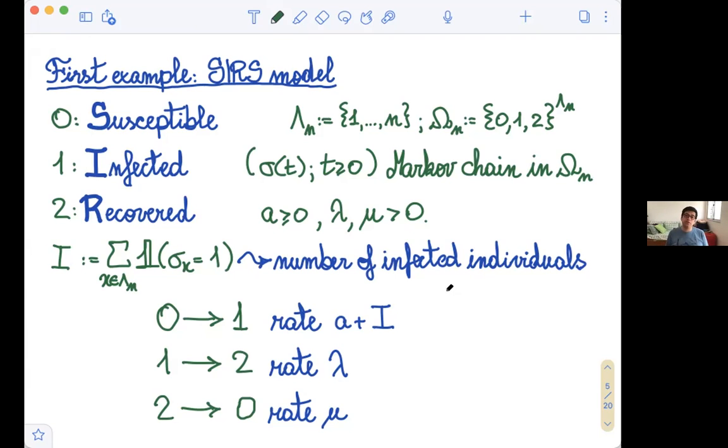And therefore, we cannot compute in an explicit way, for example, the invariant measure. Although it's a very simple interacting particle system, we cannot compute this invariant measure in an explicit way.